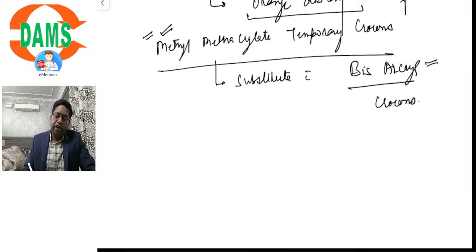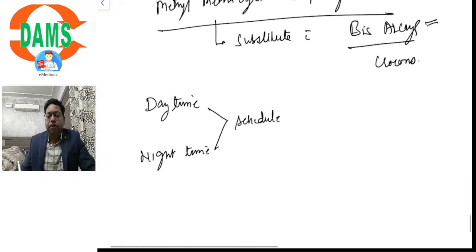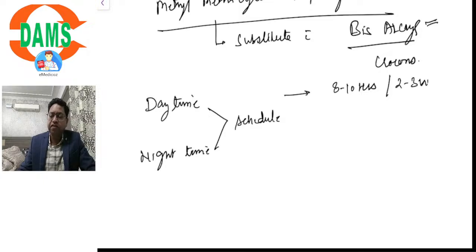There are two schedules for it, a daytime schedule and a nighttime schedule. Schedule of bleaching. Daytime means the patient would wear it for 8 to 10 hours for 2 to 3 weeks.